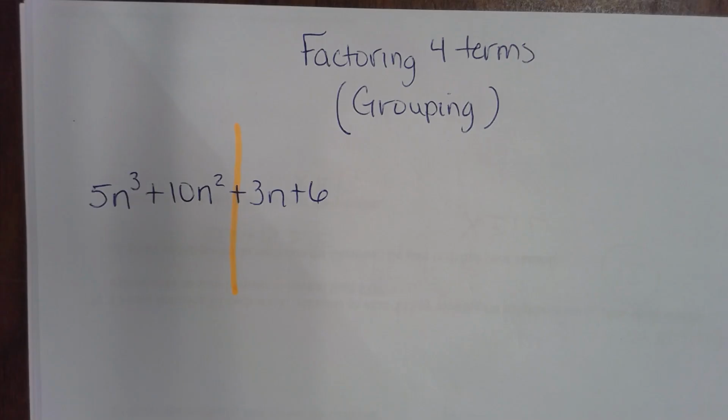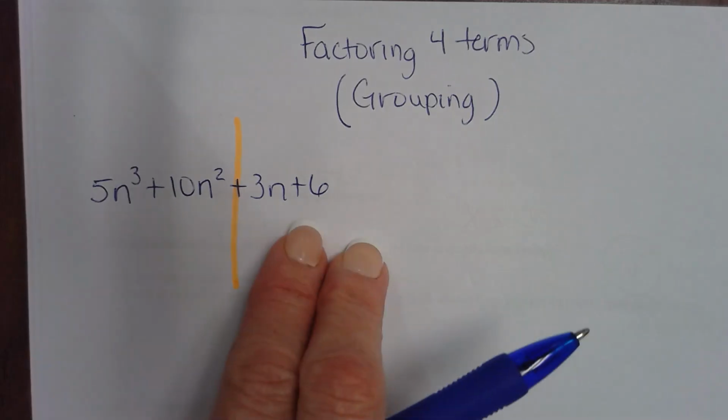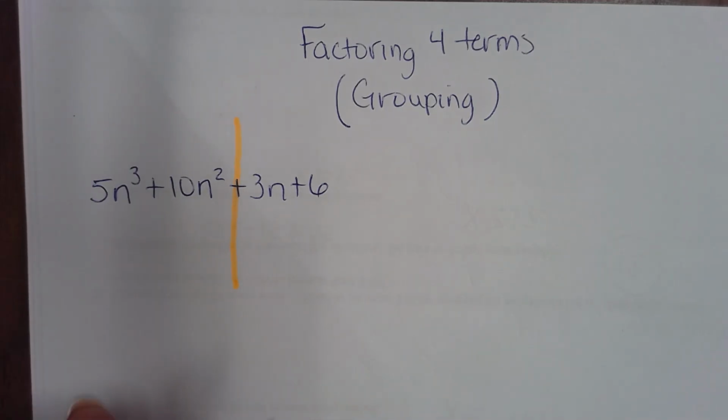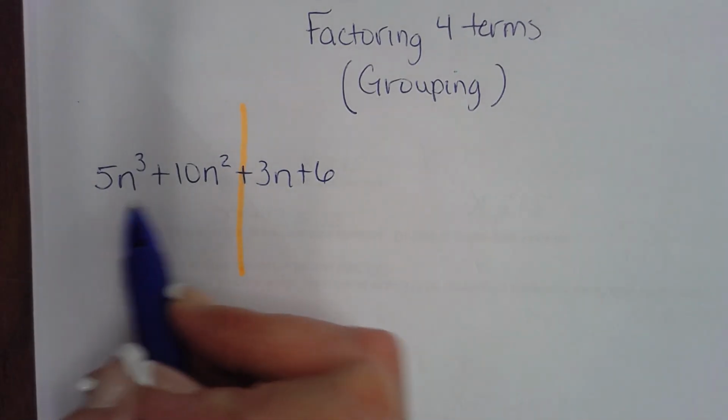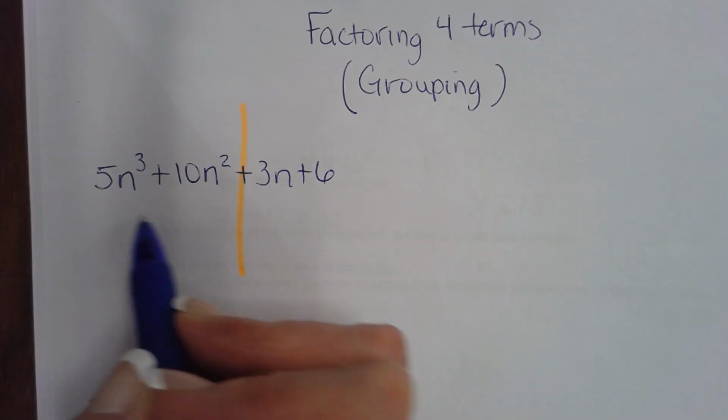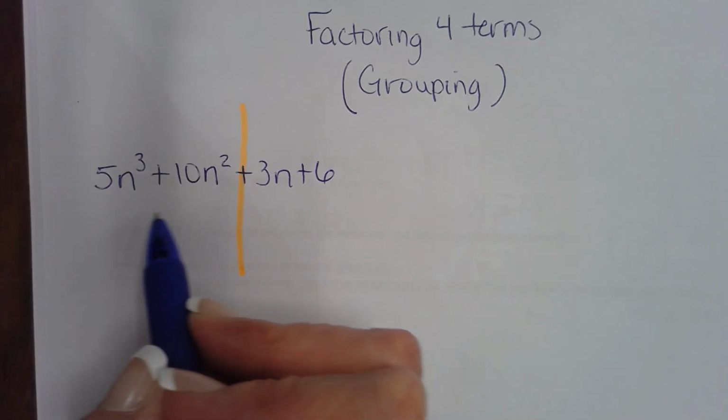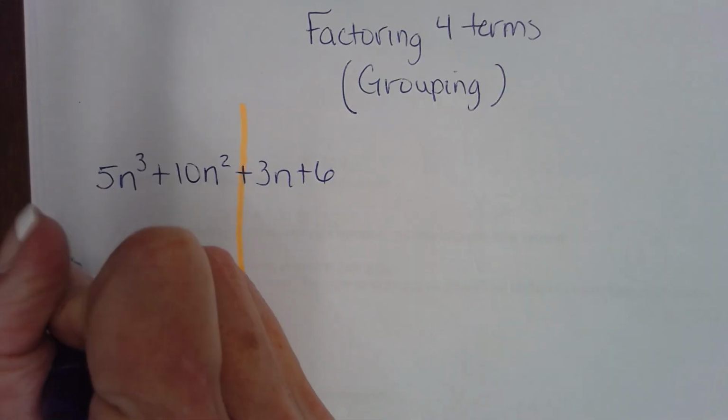So if you remember, the way we did this was we grouped 2 and 2. And what method do we use? Who remembers the method we use? Greatest common factor. So what is the greatest common factor between these 2 terms? 5 what? 5 n to the second.